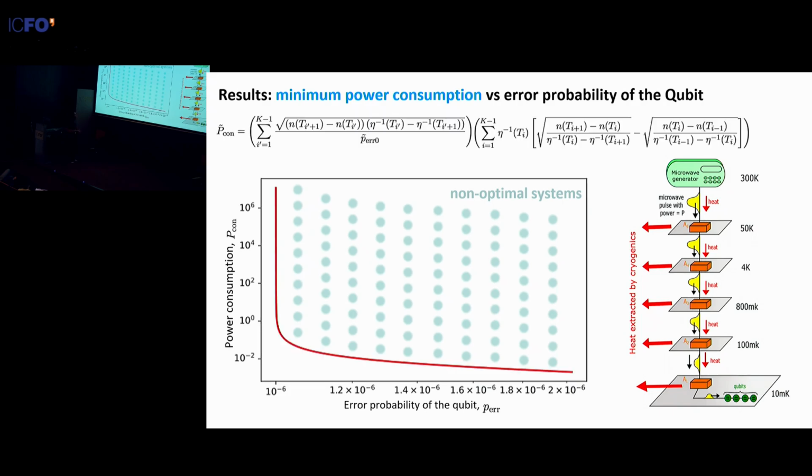And then when we plug our system into the expression that minimizes the electrical power consumption, we find this red curve. And you can see that no blue dot is below it. And also you can see that when the error probability is big, the electrical power consumption is small. But if you want to increase the quality of your qubit, you have to give your system more electricity.